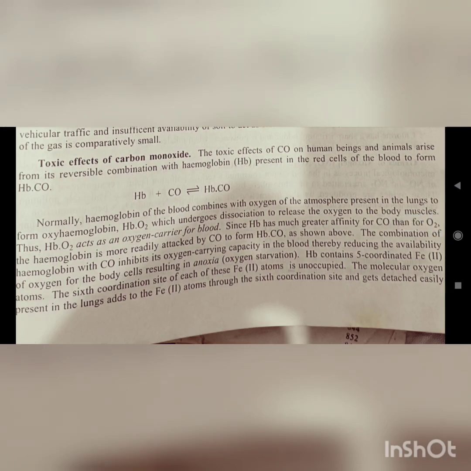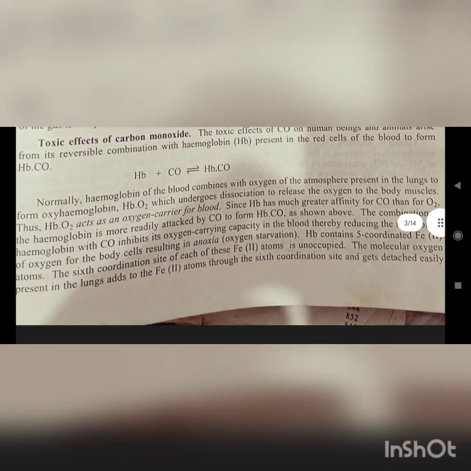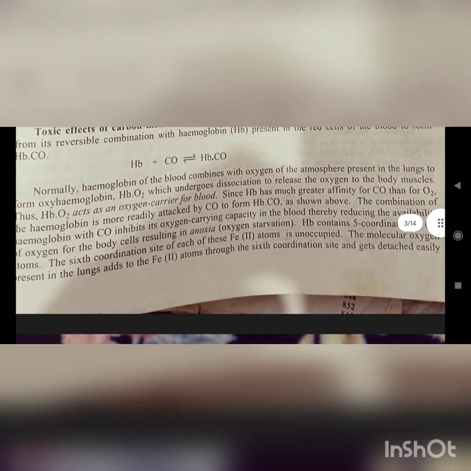Normally, hemoglobin of the blood combines with oxygen of the atmosphere present in the lungs to form oxyhemoglobin HbO2, which undergoes dissociation to release the oxygen to the body muscles or tissues. These HbO2 act as an oxygen carrier for blood.